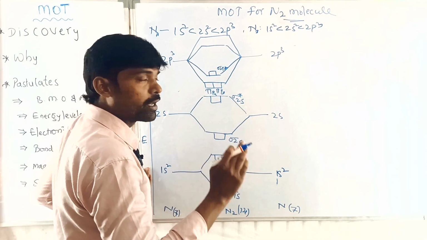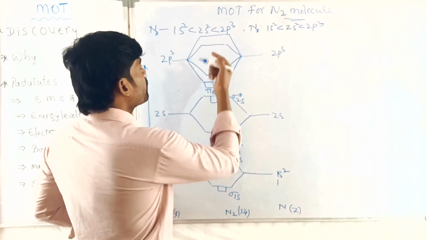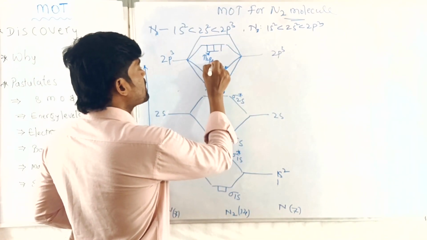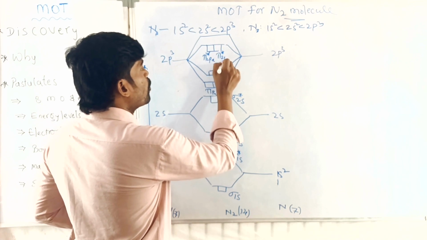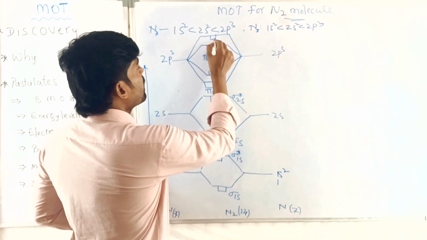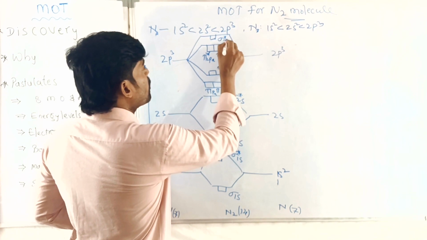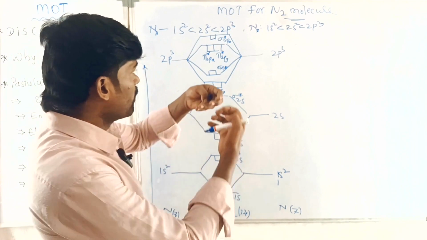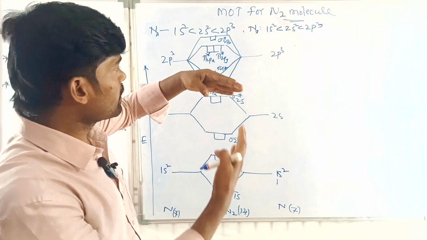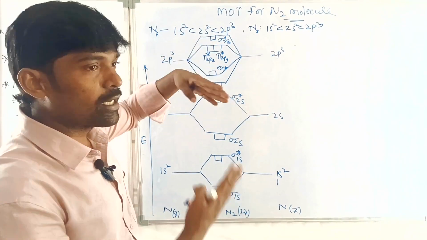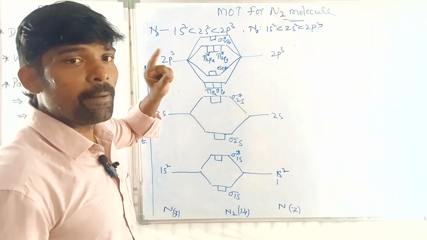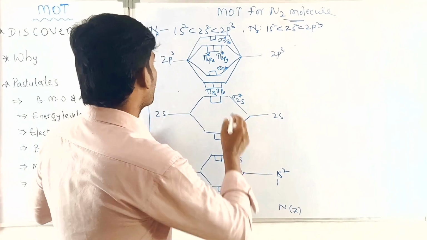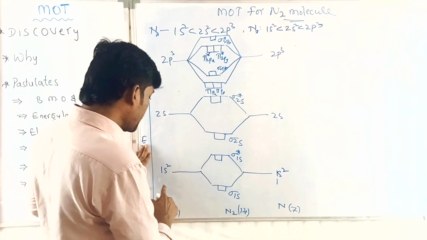That is the rule, remember it. Next level is pi star 2px and pi star 2py. The final energy level is sigma star 2pz. The energy of the sigma bond is very high compared to the pi bond, because the sigma bond is much stronger than the pi bond. That is also to be remembered.